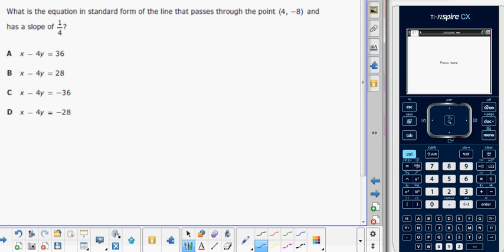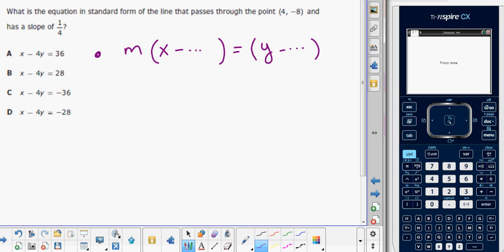Now, question number 23. They give you 1 point, they give you the slope, and they give you 4 equations in standard form. So the best bet is to look for the point-slope form. Of course, the point-slope form is m times x minus the x value equals y minus the y value.